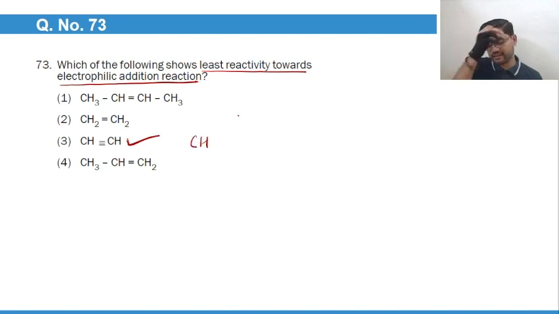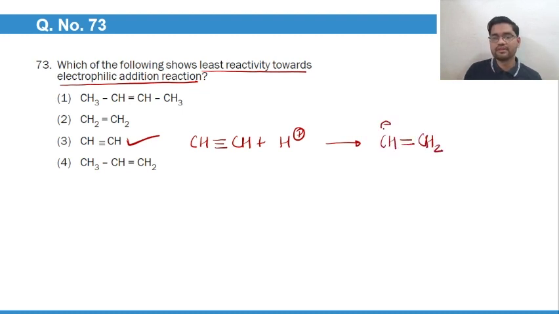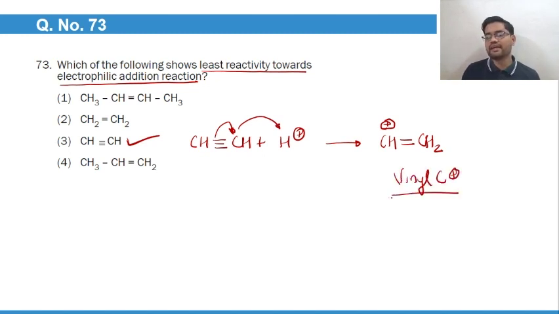Because if you do an electrophilic addition reaction on the alkyne and add H plus, you get CH=CH2 with a positive charge, that means the electron is shifted over here, forming a vinyl carbocation. Since vinyl carbocation is highly unstable, its electrophilic addition reaction is the least reactive. So 73, option number 3 will be the best answer.